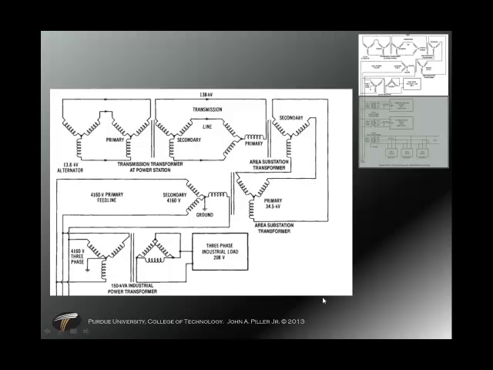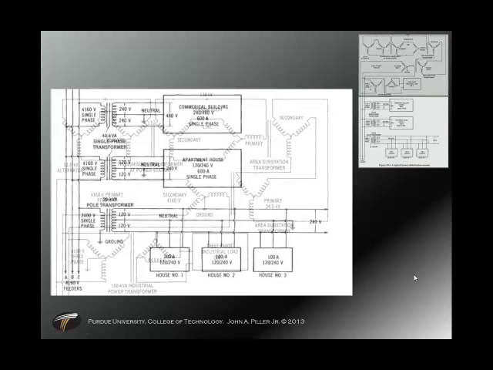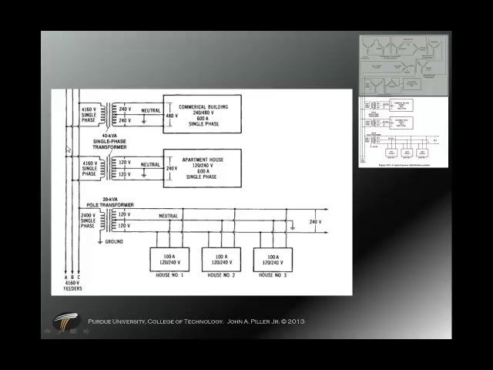Here's the 3-phase load in an industrial setting. It continues on down that transmission line, taps off, goes to a commercial building. Imagine this to be just a small shop of some kind. Here would be an apartment house. Now we split out with the center tap again.